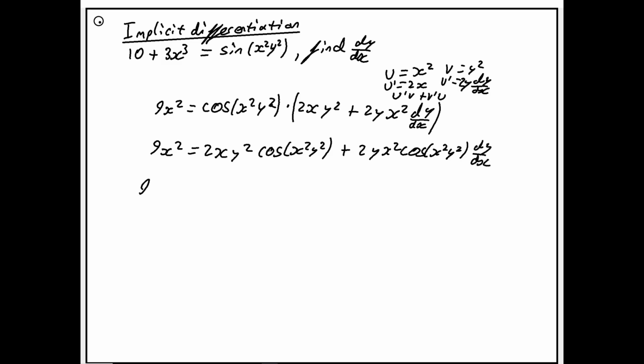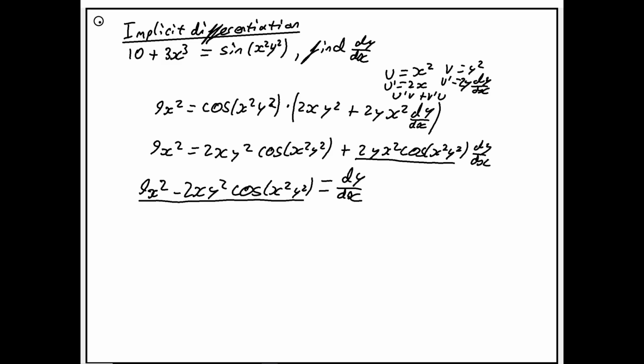So now we're going to minus off this first term, and then, if we're going to leave it equal to dy by dx, we're going to divide this term on both sides. And then there we go. You can sub in values or find the stationary point with that.